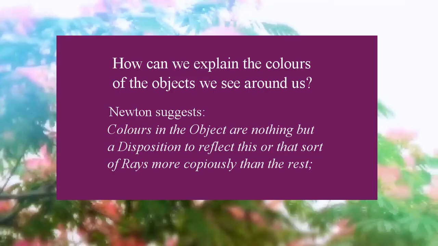The question now arises, how can Newton's theory be used to explain the various colors of objects we see around us? Newton suggested, colors in the object are nothing but a disposition to reflect this or that sort of rays more copiously than the rest, which seems reasonable.